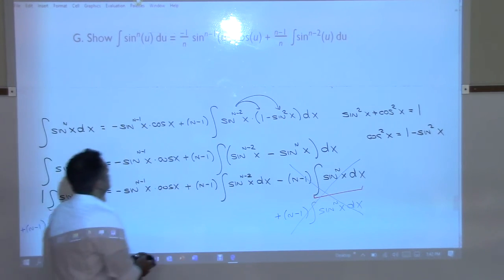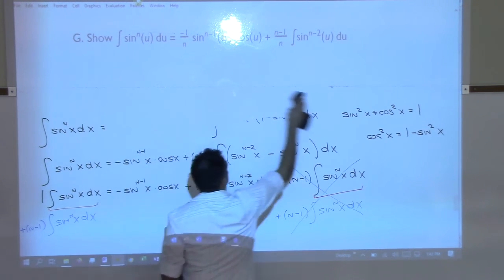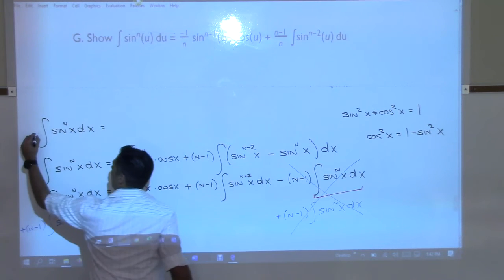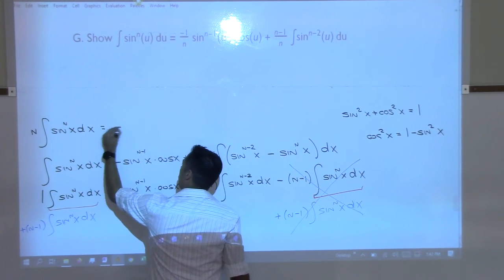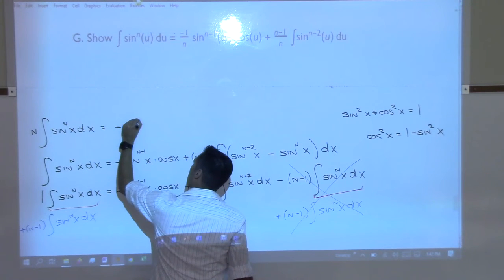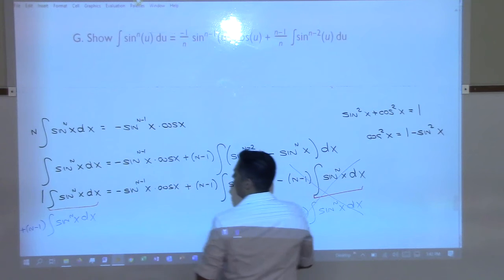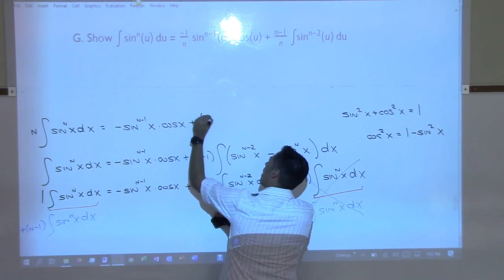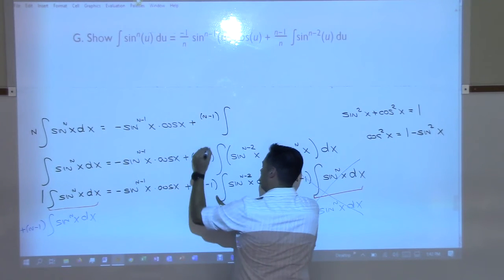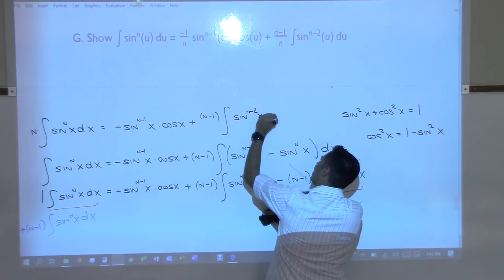Okay, so yeah, I'll just do it here. Here's where we are. So we have n of these integrals is equal to negative sine to the n minus 1 of x times cosine x. Okay, that's this part. And then this is still here, plus n minus 1 times the integral of sine to the n minus 2 of x dx.